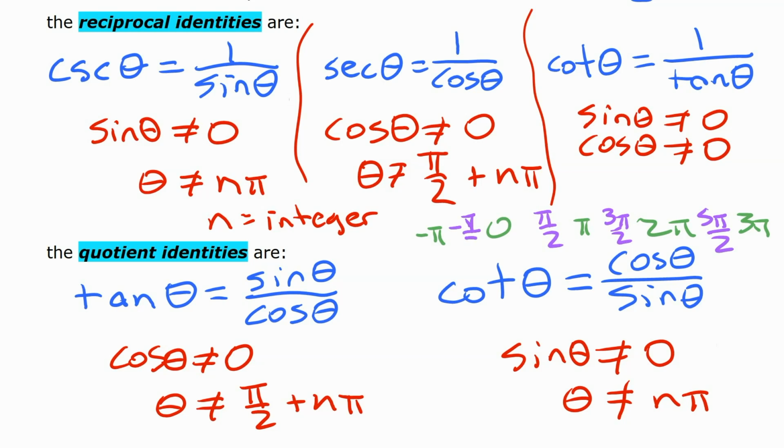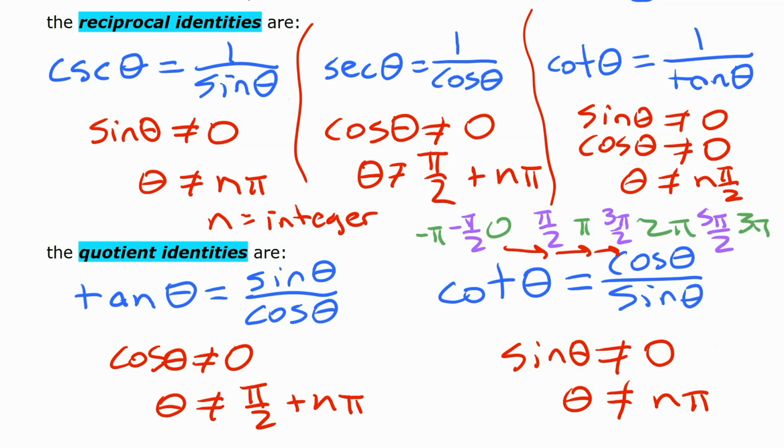Negative pi over 2. So if you have both of these, the simplest way to write that restriction is to say that it's multiples of pi over 2, because every pi over 2, we have a value that it's restricted for. So in this case, it's actually n times pi over 2 that are the values of that restriction there. All right?